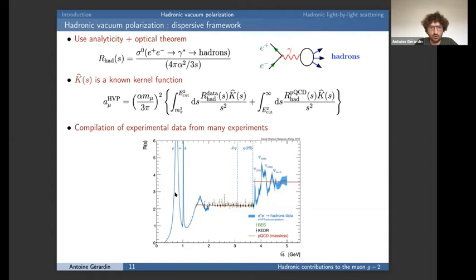So here I show some experimental values for this R-ratio. In practice, at low energy, below 2 GeV, we can use the data, and then above some threshold, from 2 to 3 GeV, we can use perturbative QCD. And then we just have to include some resonances above 3 GeV.